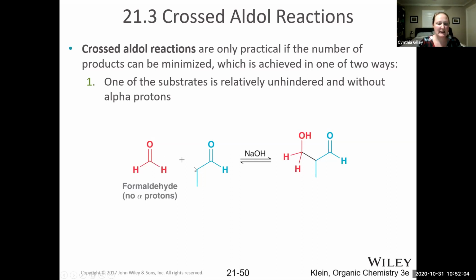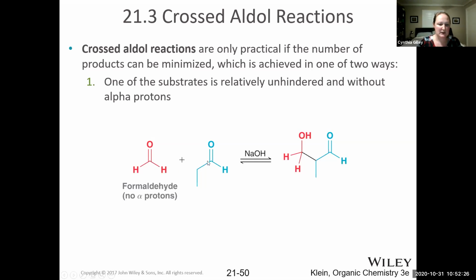And then, of course, that enolate could attack another propanal, but recall that formaldehyde is also present, and because there are two hydrogens and no carbon-based groups, this carbonyl carbon is not as sterically hindered and is more exposed. In addition, it's more reactive, so this is more electrophilic.